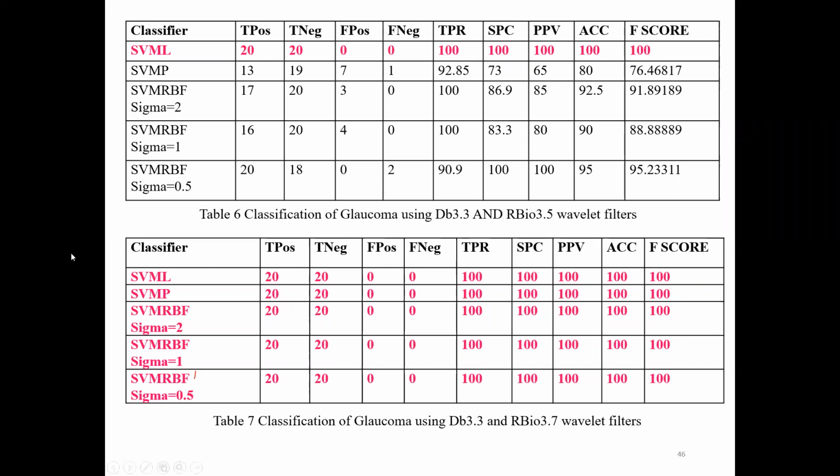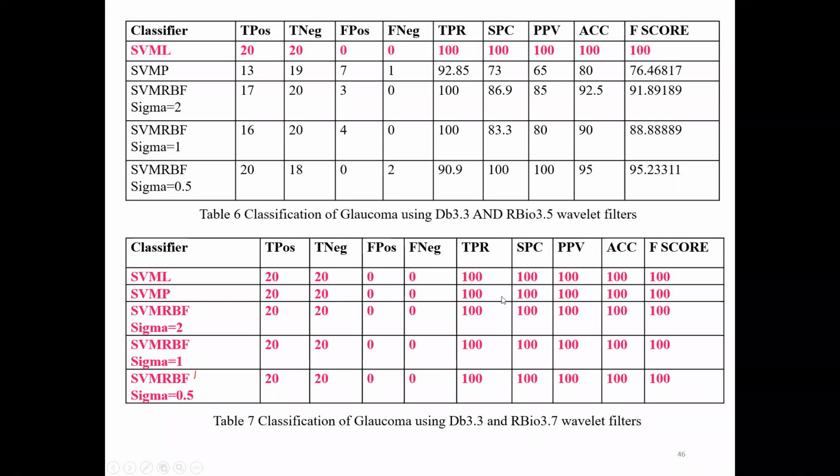And this particular tabular form again shows the combination of 2 wavelet filters, dB 3.3 and RBIO 3.5. And again you observe dB 3.3 and RBIO 3.7.